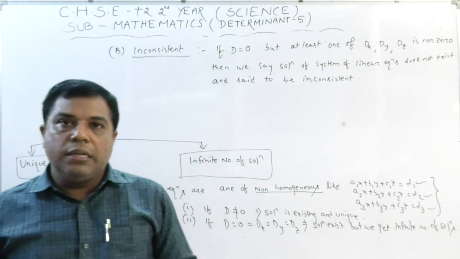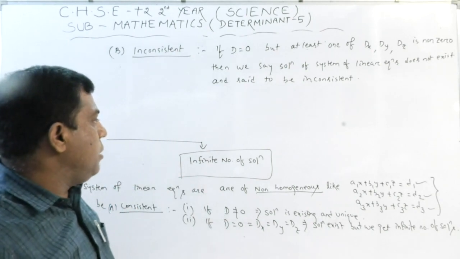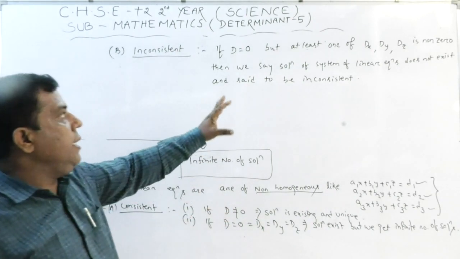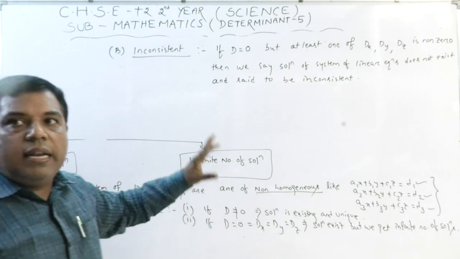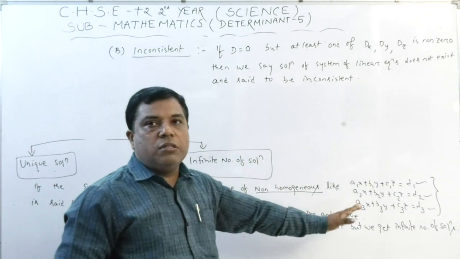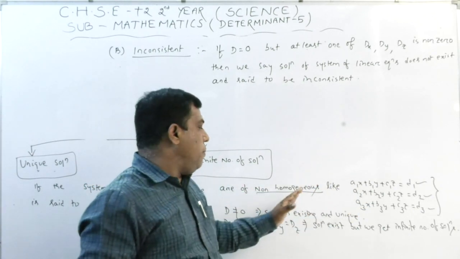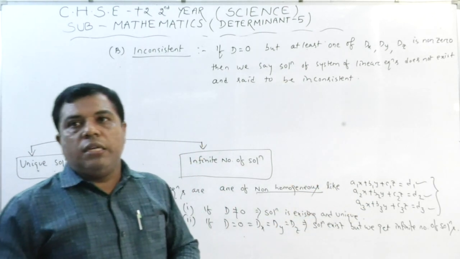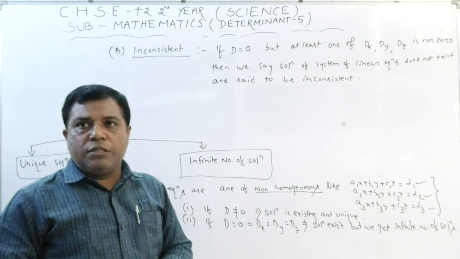Clear, dear students? So this is about the concept of consistent and inconsistent nature of the system of equations under the non-homogeneous category. Clear, dear students?